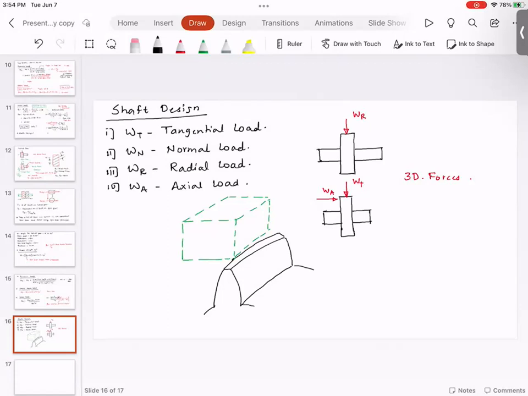So we have this axial force here. We have this radial force over here. And then we have this tangential force over here.